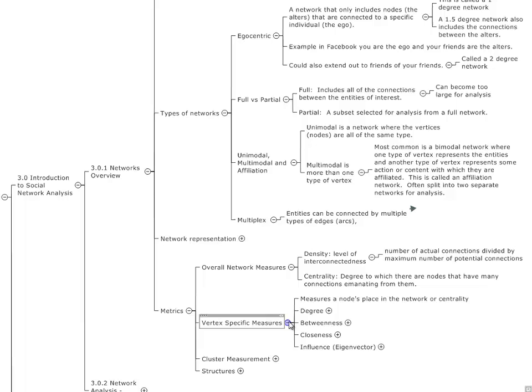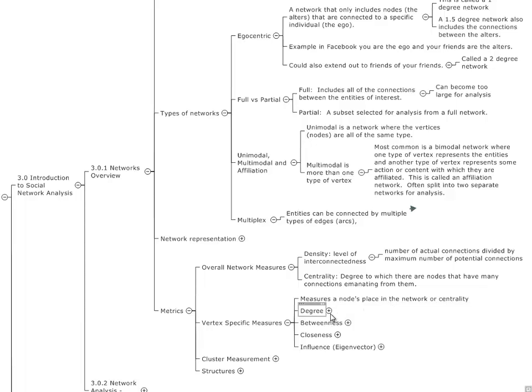You can measure a specific node as opposed to the whole network itself. Centrality for a specific node means where that node fits in the network. How close to the quote-unquote center is a node? Is it in the center, near the center, or way out on the periphery someplace?